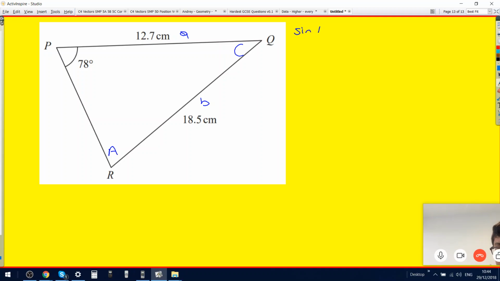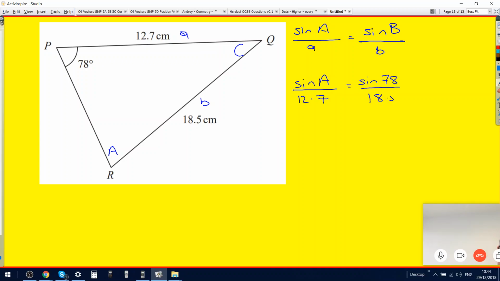So sine A over 12.7 equals sine 78 over 18.5.